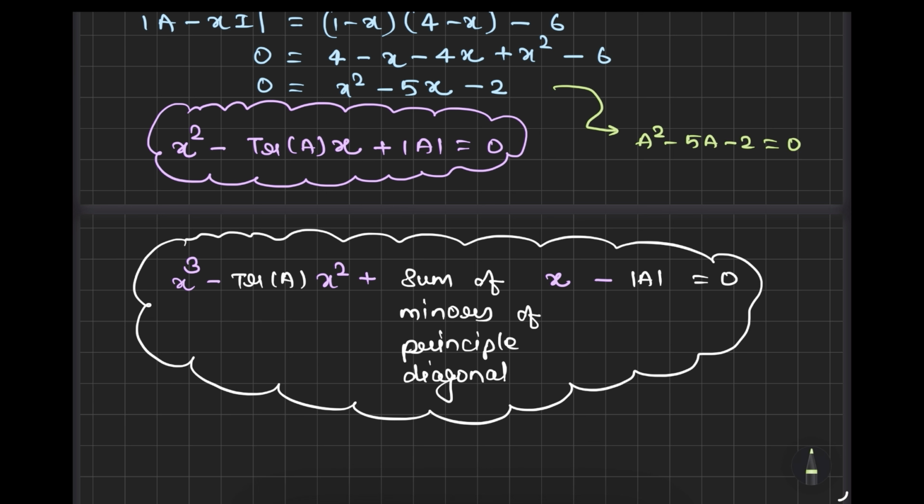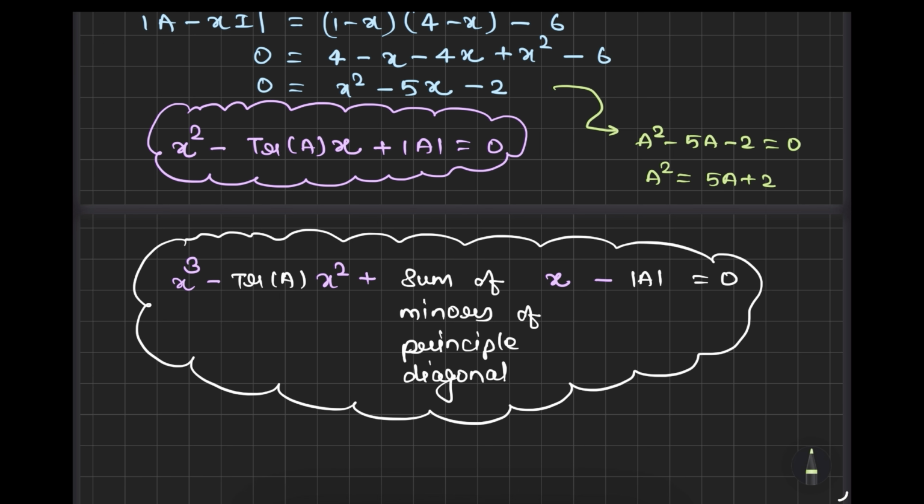So what we used to do, we used to convert a higher degree polynomial into lower degree. Suppose I wish to write A square as 5A plus 2I. Now can we say that we have converted a 2 degree polynomial into a single degree? So whenever there is a requirement of writing a higher degree polynomial into a lower degree polynomial, we will use the characteristic equation.